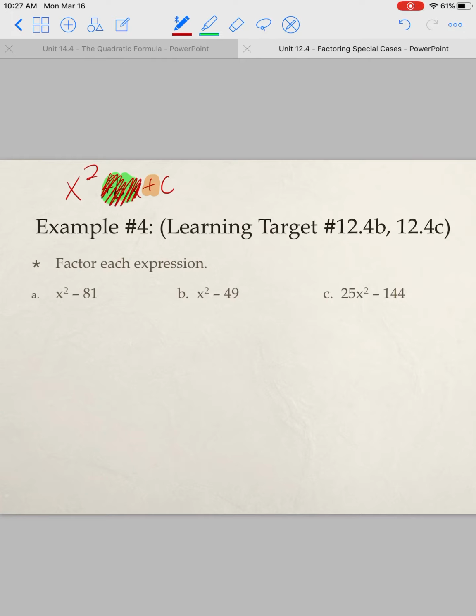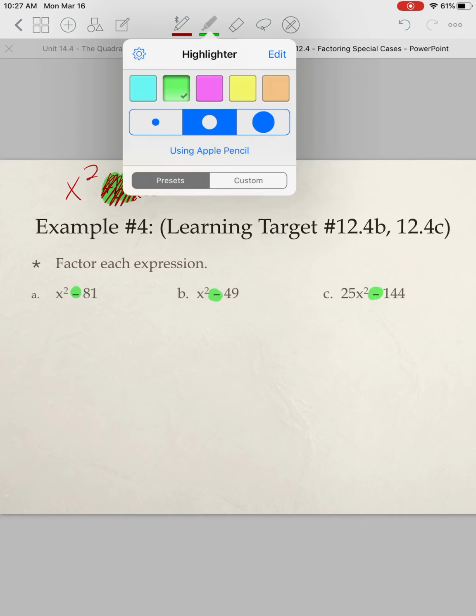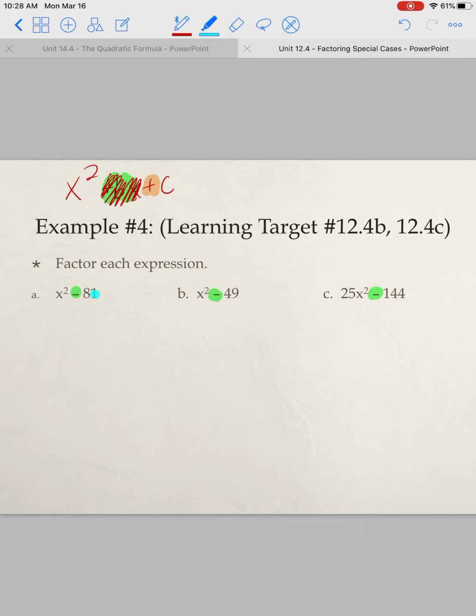This is gone. So really, we know they're going to be different. If you've noticed, all these are negative. They're all going to be different signs. You're looking for the factors of this last number here that add to 0. So let's find the factors of 81. 1 and 81, so on and so forth. 9 and 9. They're different signs, okay?